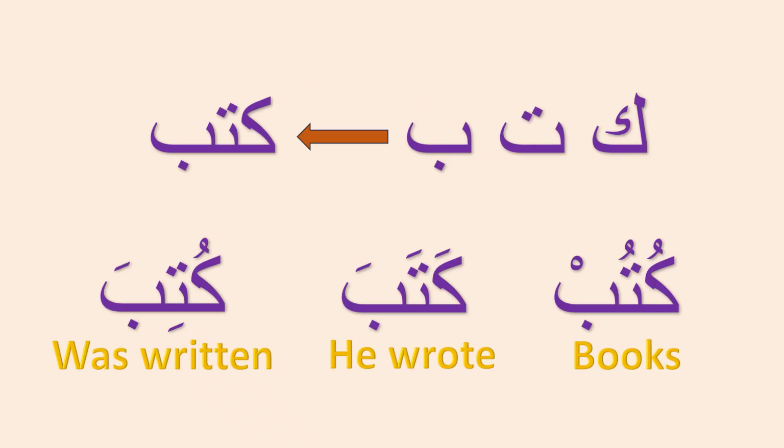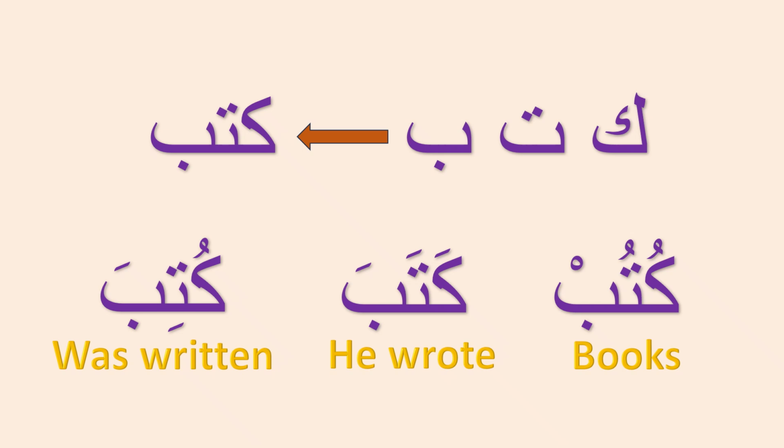The other layer of complexity related to the homographic feature of the Arabic words is that sometimes a word has several meanings, but the spelling is the same, and they have different pronunciations. But you don't know the pronunciation because you don't have the marks. So when you put the diacritics or the marks, you will have several meanings, like the word in the example in front of you, kataba, which means he wrote.